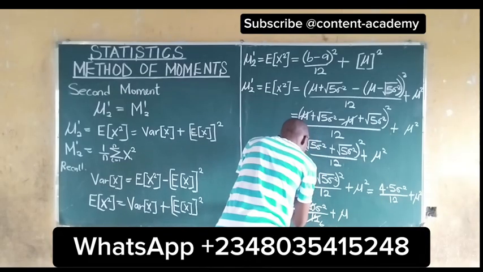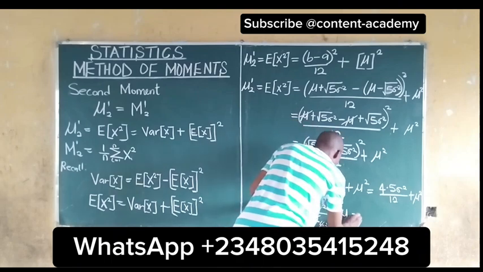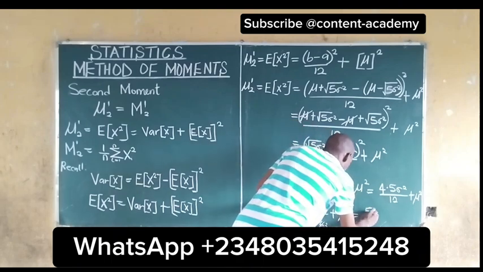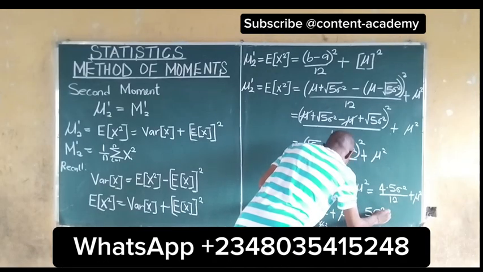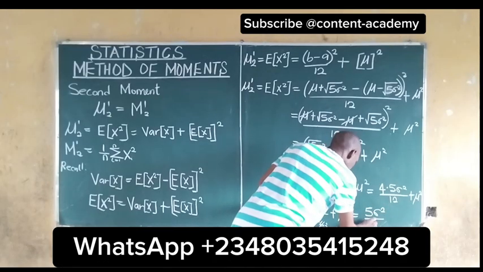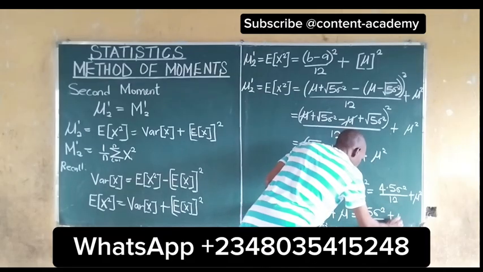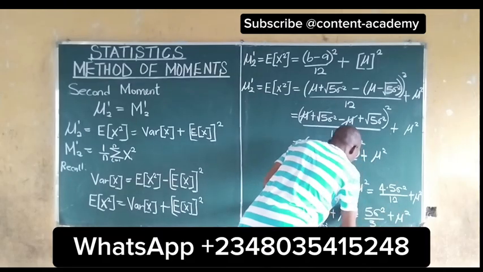Here 6, here 10, here is 3 and here is 5. So we have 5 sigma squared all over 3 plus mu squared.